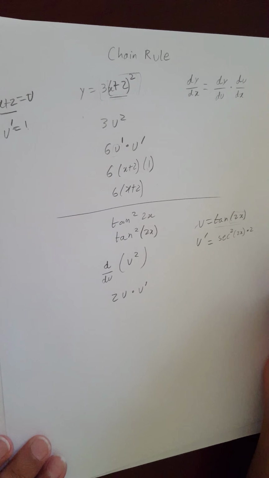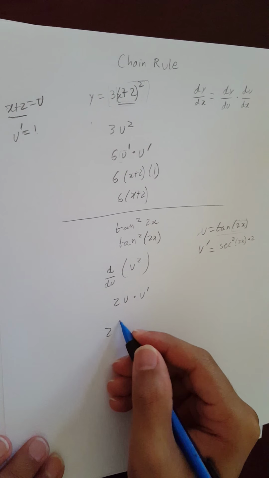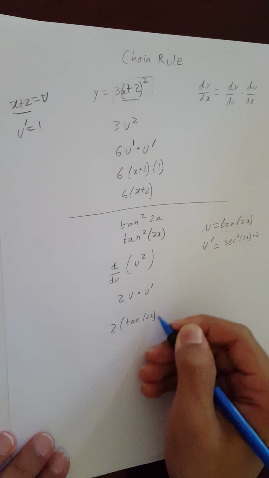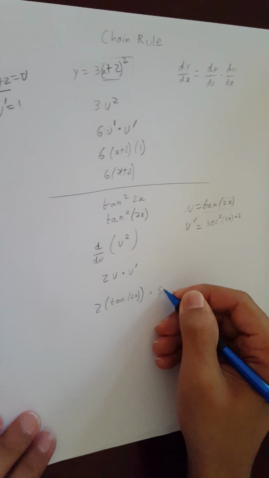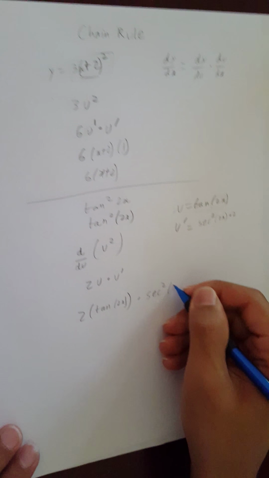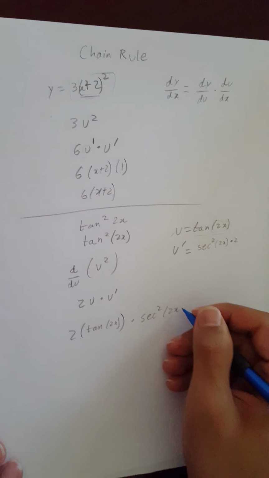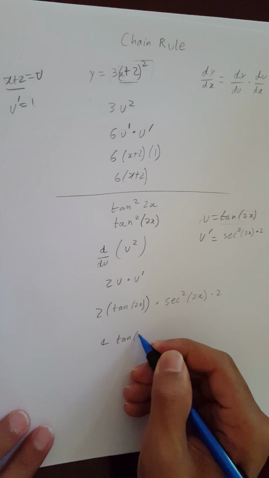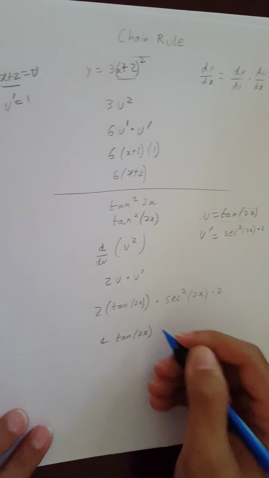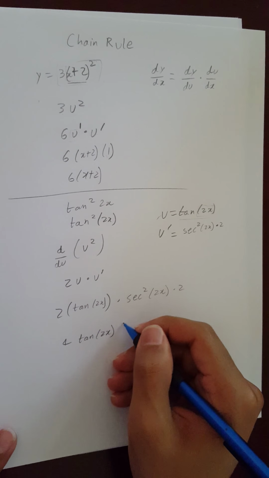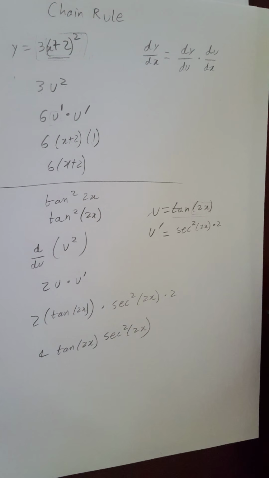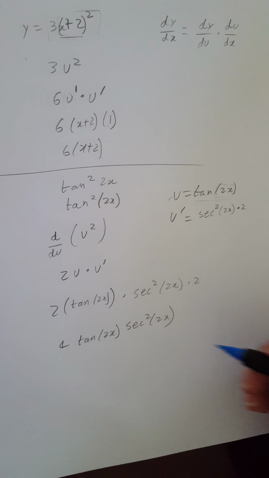So then we plug everything back in. 2u is 2 tan 2x, times secant squared 2x, times 2, which is just 4 tan 2x secant squared 2x. So this is an example of a trig ratio.